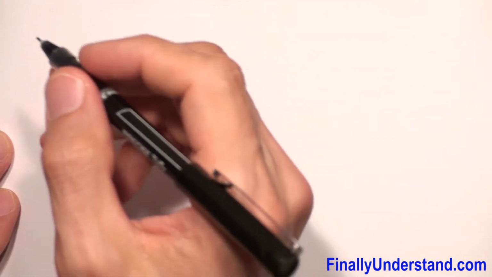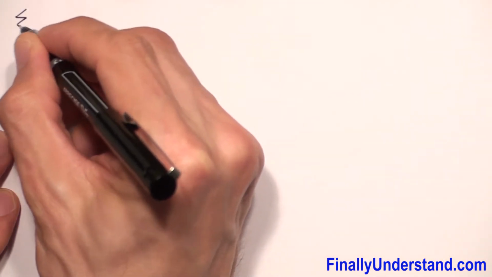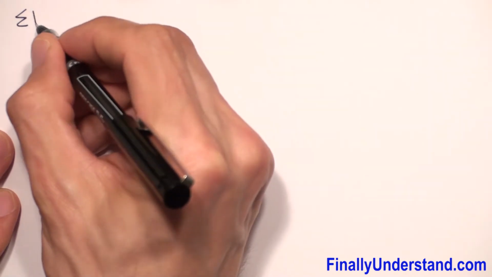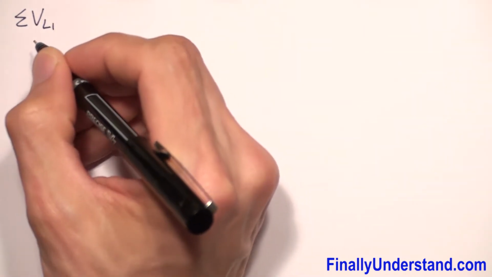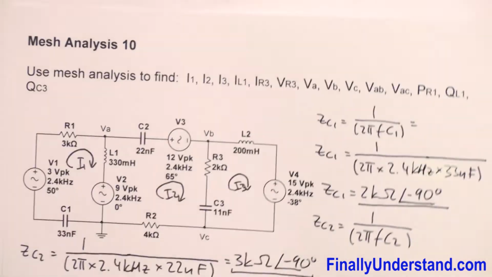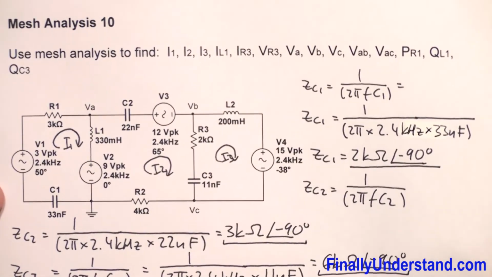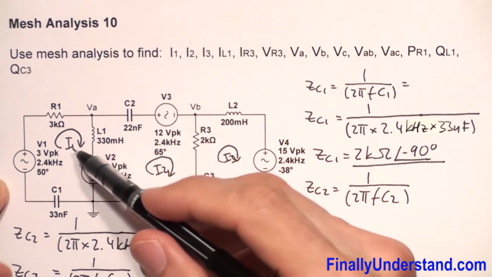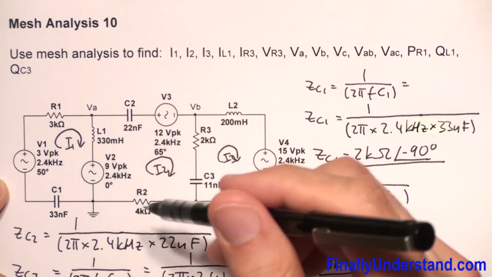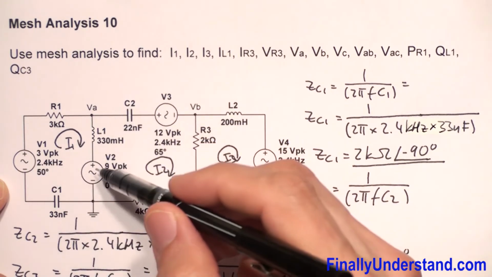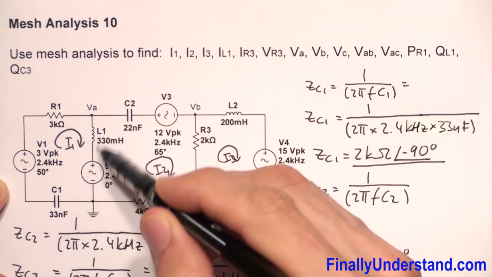Okay. Next, we're supposed to find the sum of the voltages in loop 1. So now we're supposed to look at the diagram and look at the direction of current I1 and the polarities of the voltage sources in loop 1.